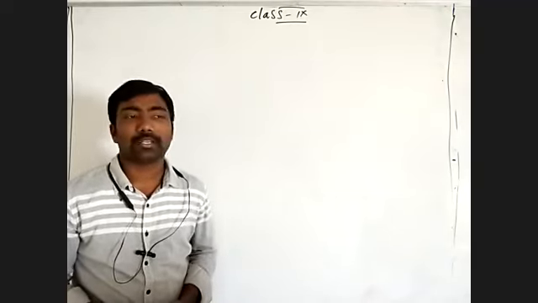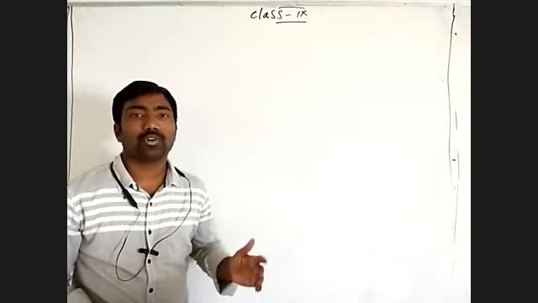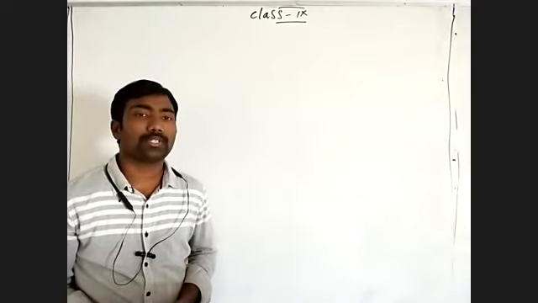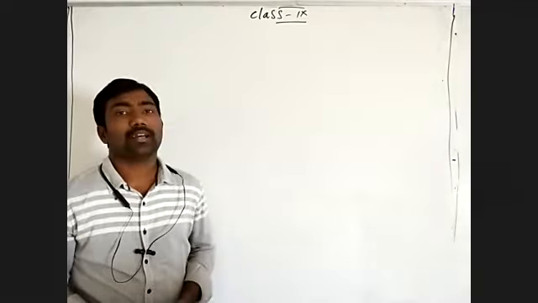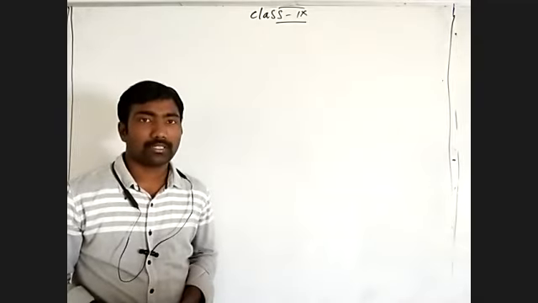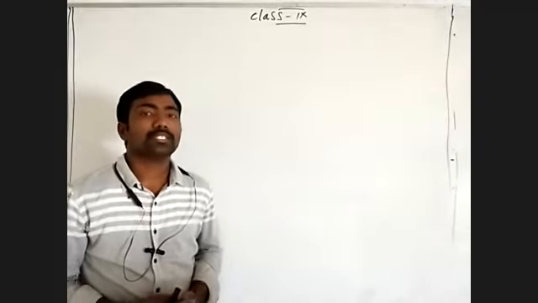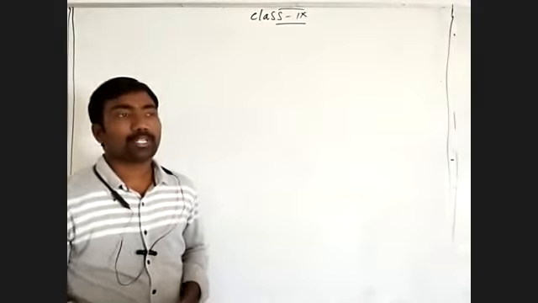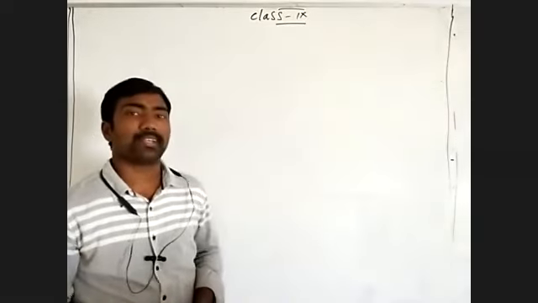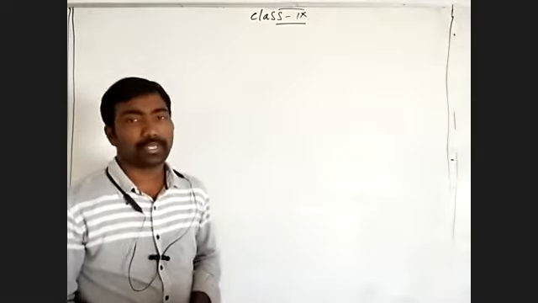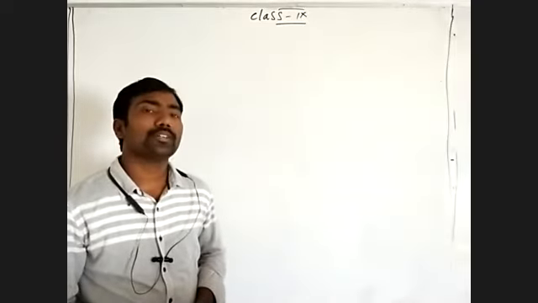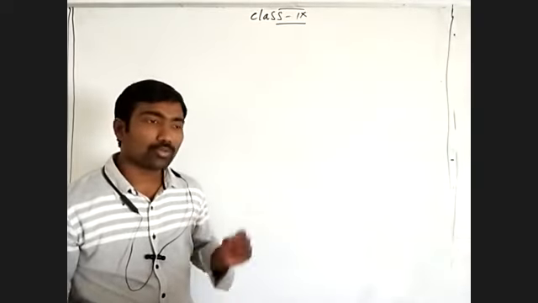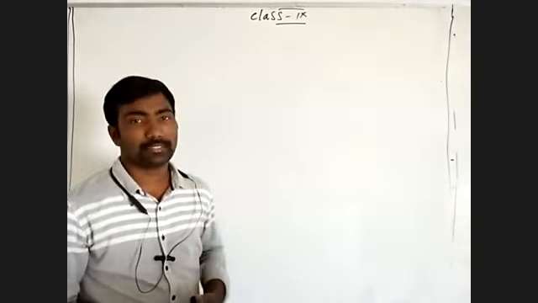We discussed different types of ray drawings, based on the position of an object, where the object is located, and where you get the image. We also derived the mirror formula, and learned the magnification of spherical mirrors, and also the rules for sign convention.